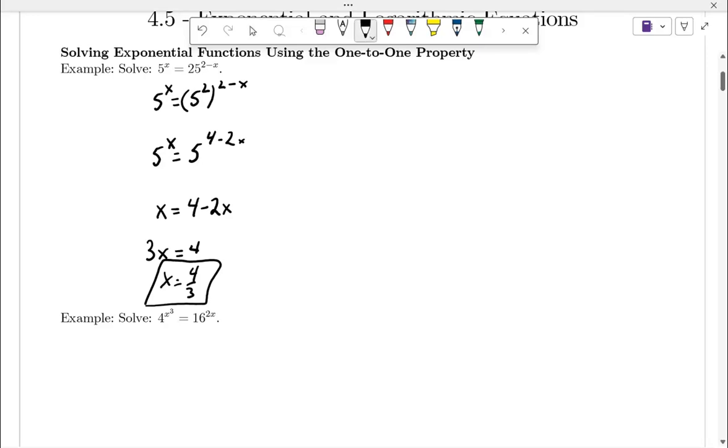Okay, good. I can rewrite 16 as a power of 4 easily, can't we? At least I hope so. Yep. So you get 4 squared raised to the 2x power. And again, then what can you do with your exponents? Multiply them, good.